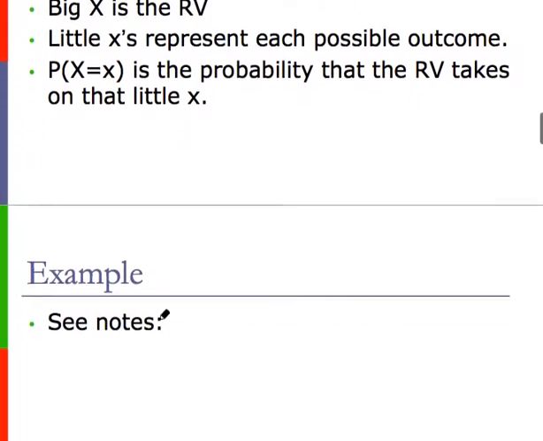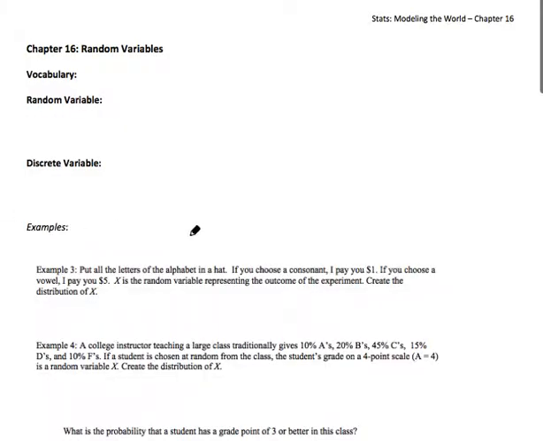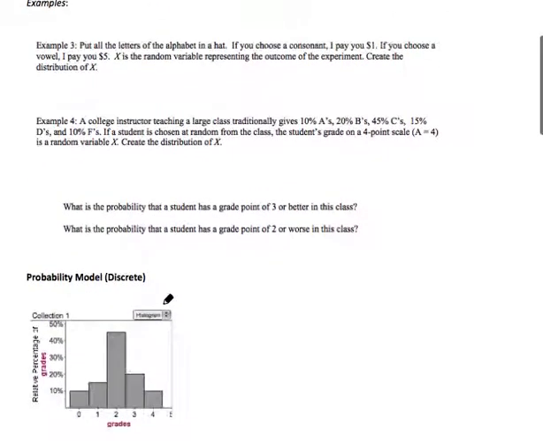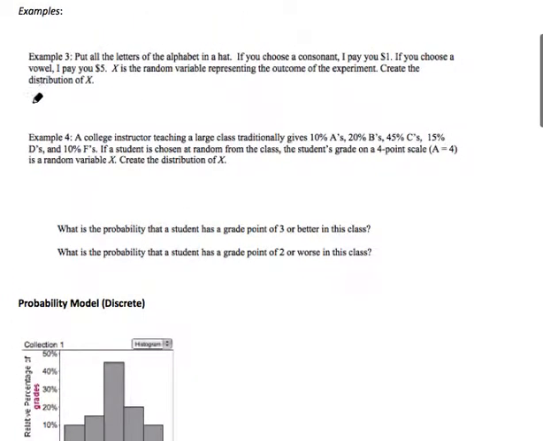Okay. So first, I want you to turn to your notes, and you should have filled in random variables and discrete variables. Now we're going to move on to these examples right here. Looking at this example, it's not really example 3, I just couldn't change it.